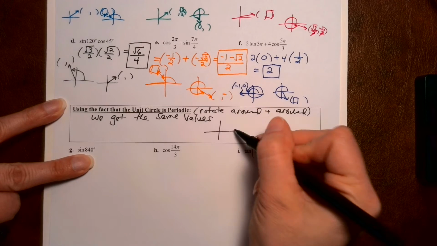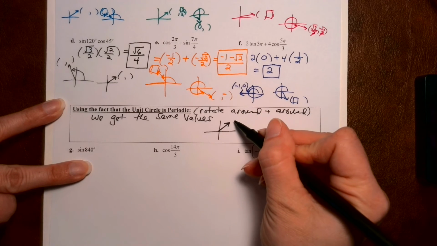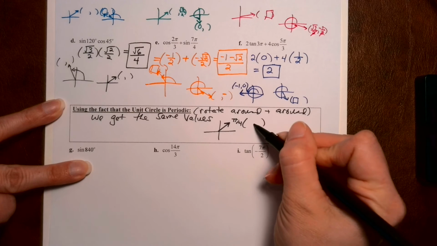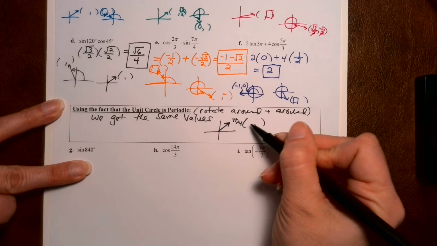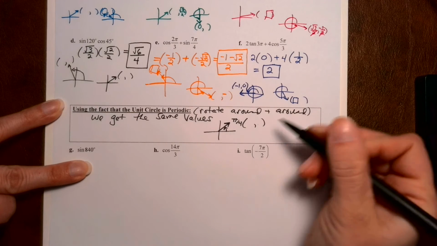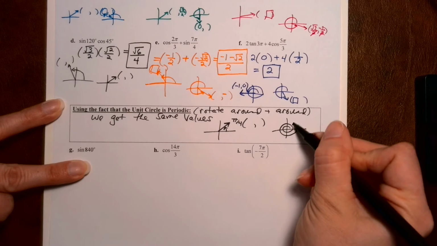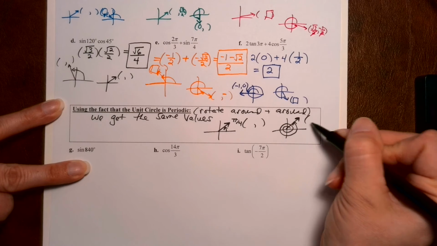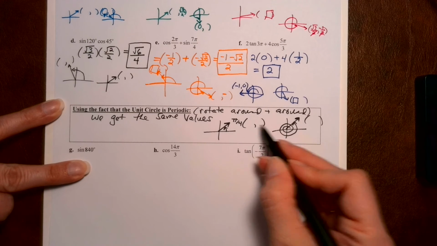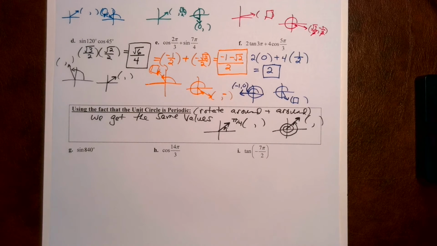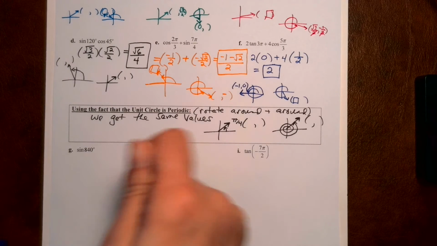So for example, if I have an angle of pi over 4, that set of coordinates, the sine and cosine, are going to be the same answers as if I swung round and round and around and then stopped in that same exact place. I'm going to get the same sine and cosine values if I stop in the same place. It's periodic. We keep getting the same ones over and over.